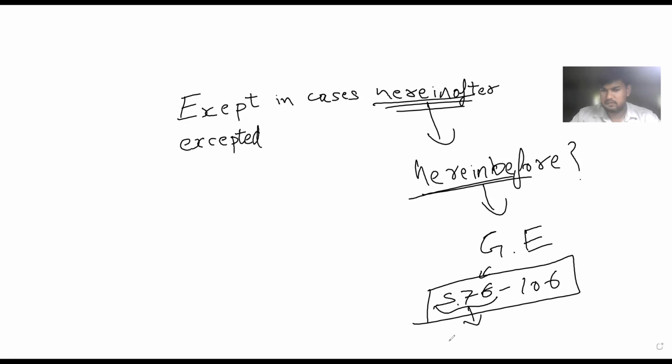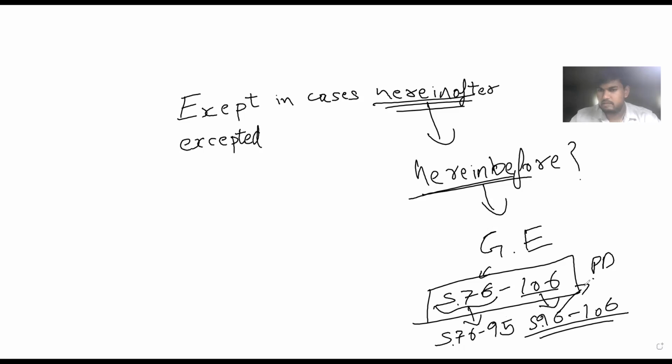This is section 76 to 95 basically, and then the second part we have 96 to 106. 96 just tells us that nothing is an offense done in private defense.